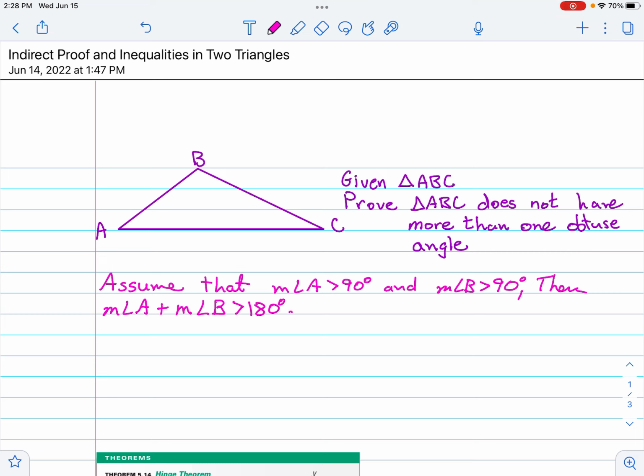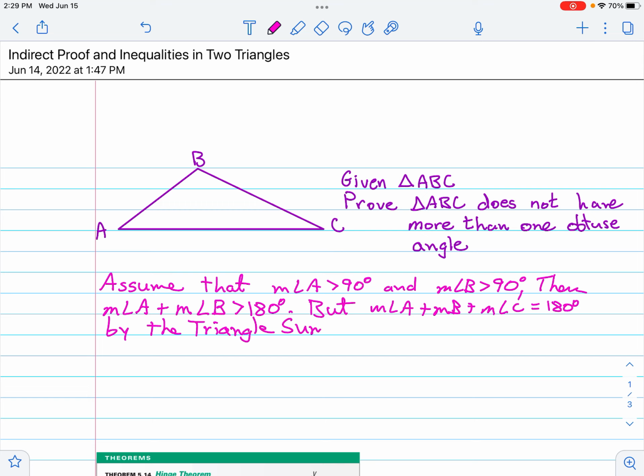That's the natural conclusion that you draw with that assumption. That assumption we know is not true. But the measure of angle A plus the measure of angle B plus the measure of angle C equals 180 by the triangle sum theorem.